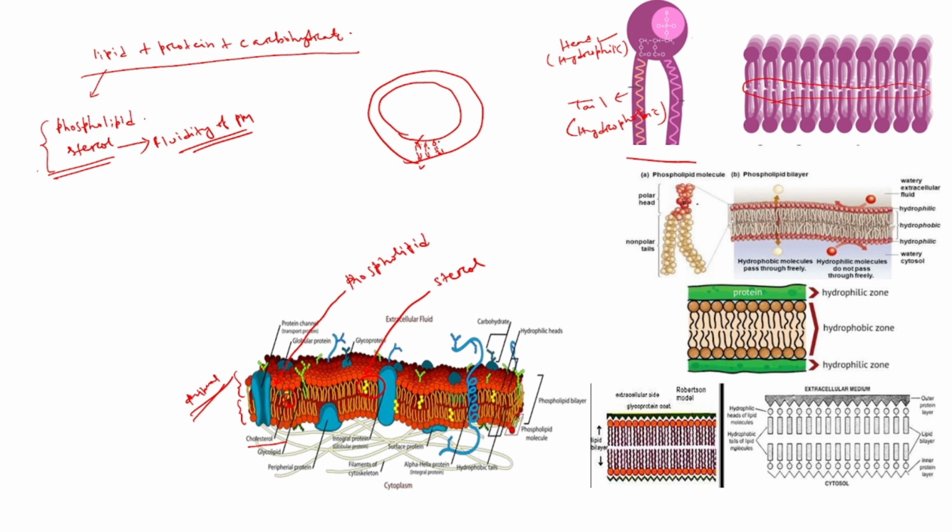But why? Let's say this is one cell, this is another cell, and this is another cell. This is called the extracellular matrix, and the inside of the cell is called the cytosol.